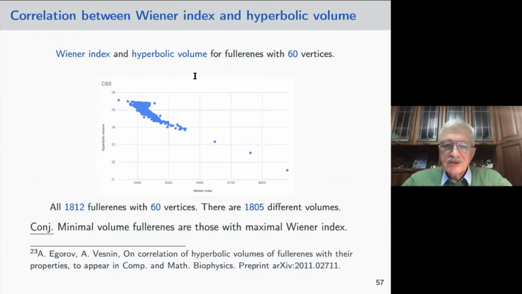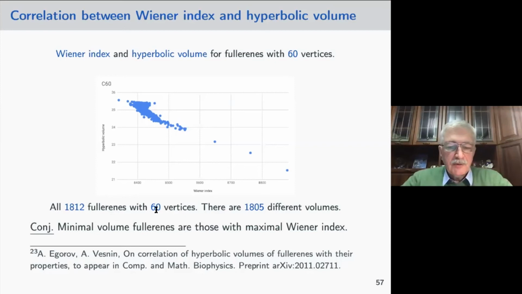So this picture is for fullerenes with 60 vertices. The famous Buckminster fullerene belongs to this class. It's one of them. But in total, if you consider graphs with 60 vertices, there are 1,812 such graphs, which are fullerenes with 60 vertices.